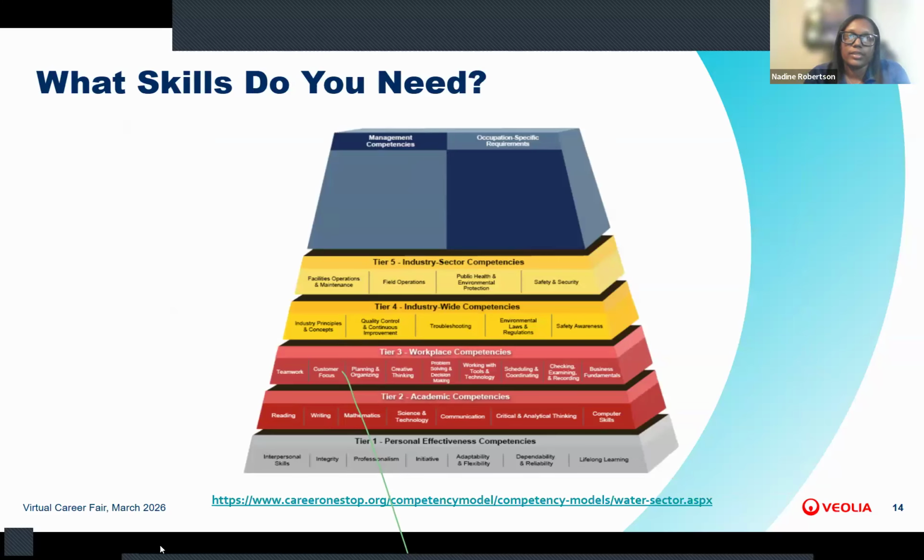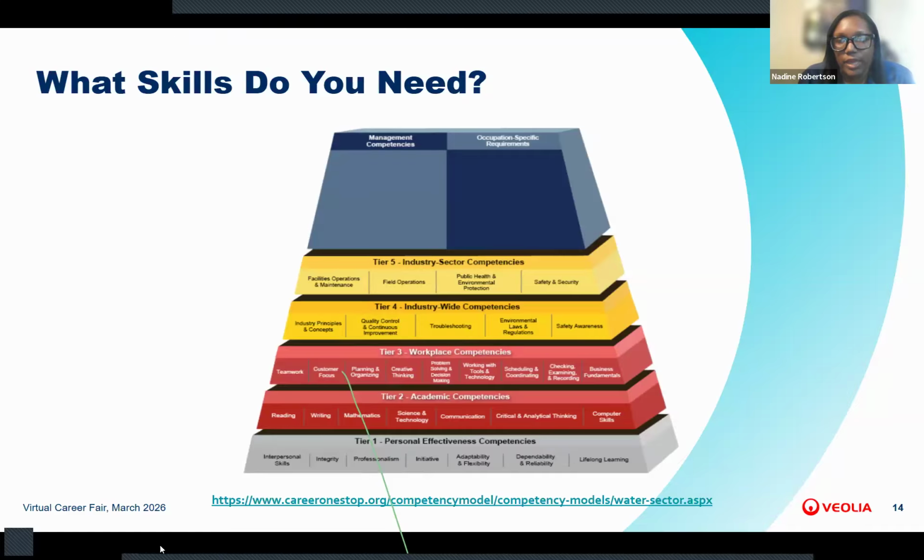Some of the skill sets that you would need to be successful in this industry, obviously outside of reading and basic math, are just common sense stuff, such as coming to work on time, being organized, and communicating, because there is a team and different departments that you have to interact with. Obviously troubleshooting, because every day is not the same.